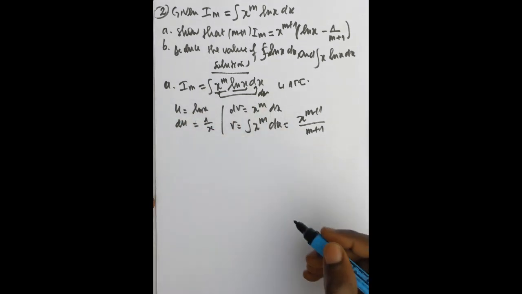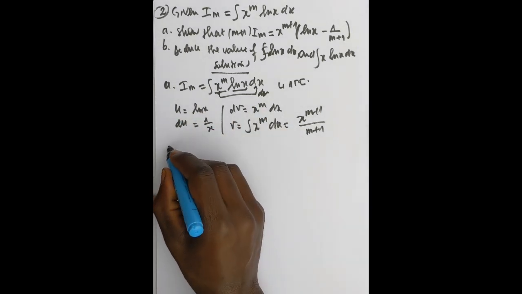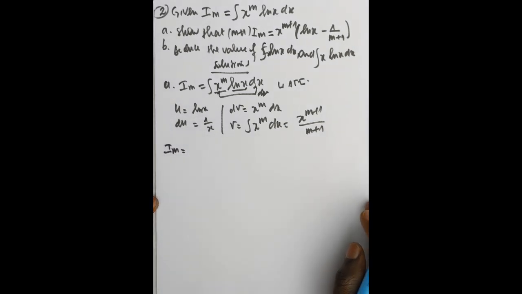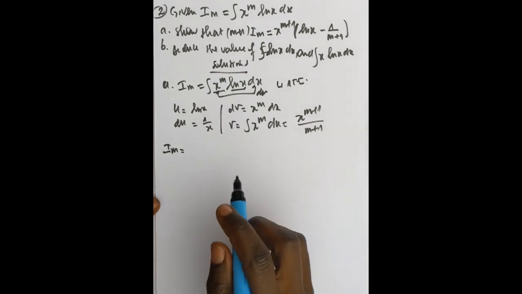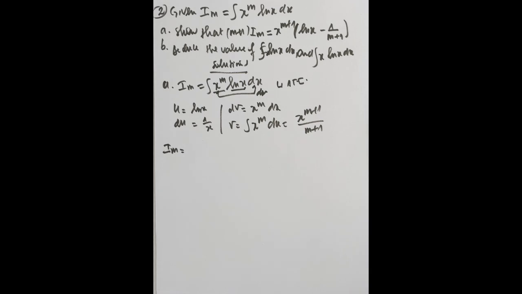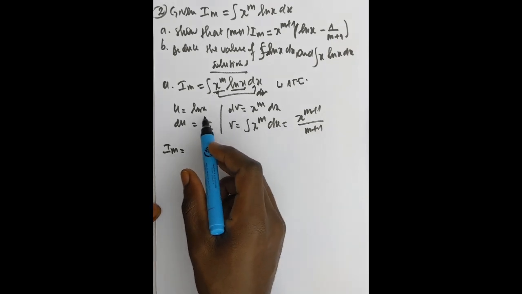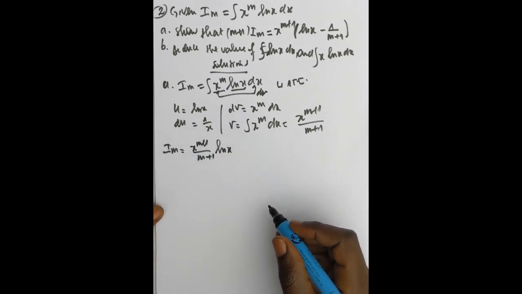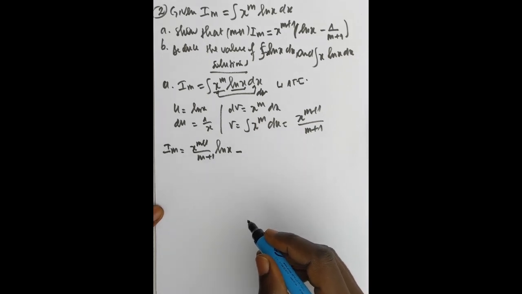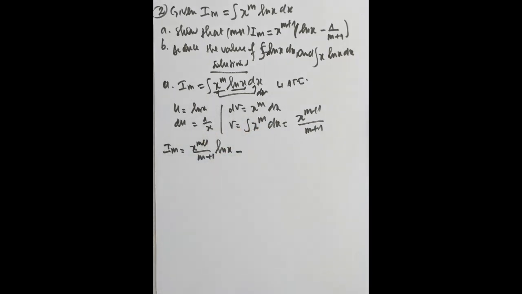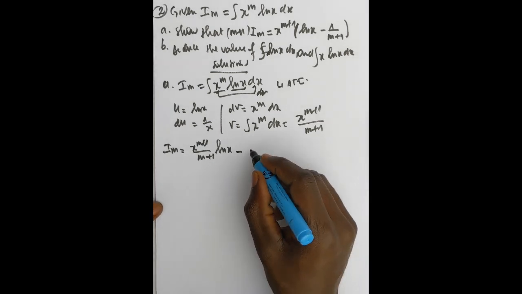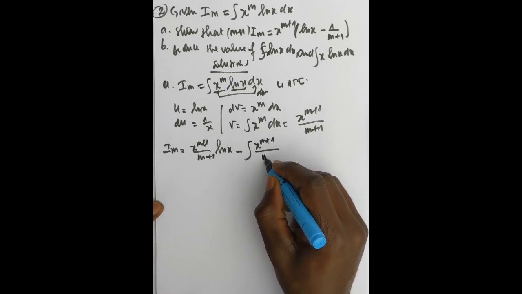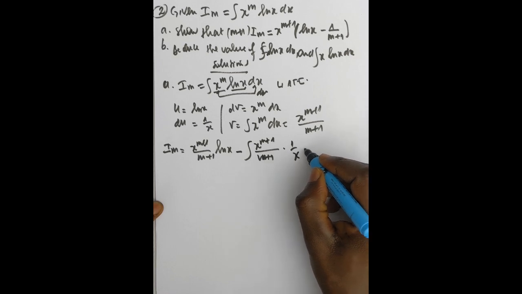So I can write the given expression as Em equals to uv, uv is equal to x power m plus 1 over m plus 1 ln x negative integration of v du, this is integration of x power m plus 1 divided by m plus 1 times 1 over x dx.